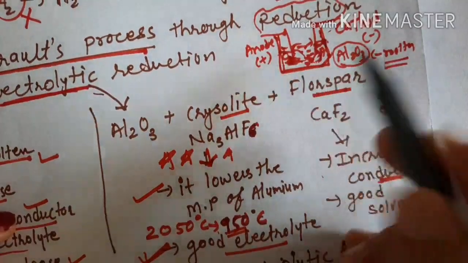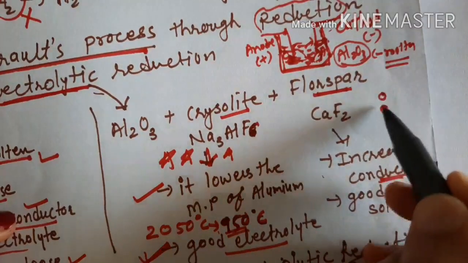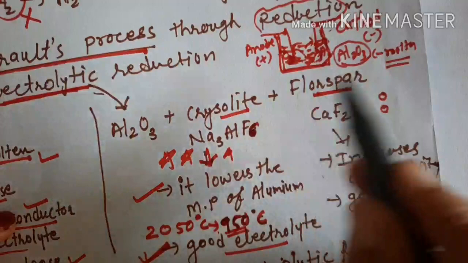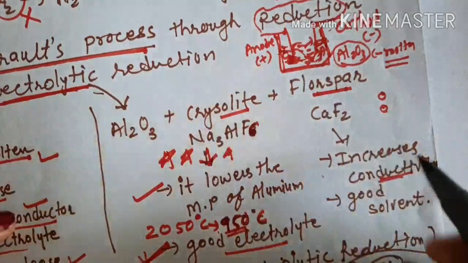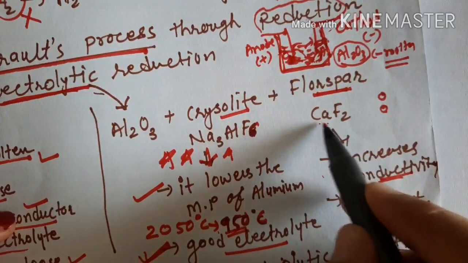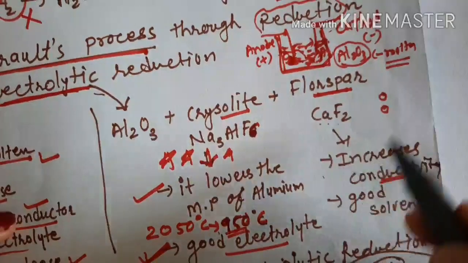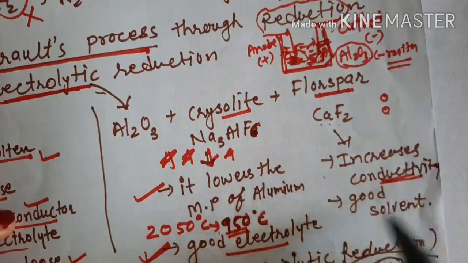So ions that move faster from one place to another can conduct more electricity. Since calcium and fluorine ions are very small in size, they move very fast, so they increase the conductivity.